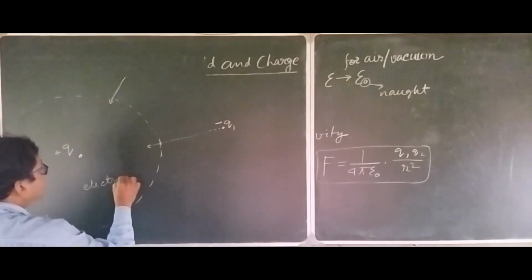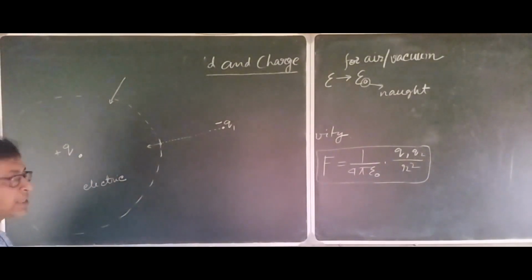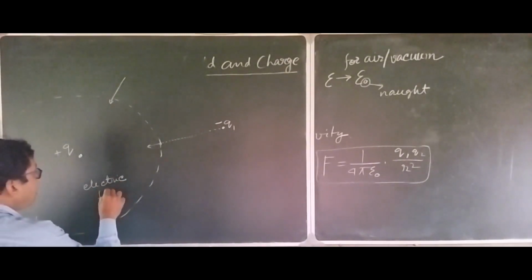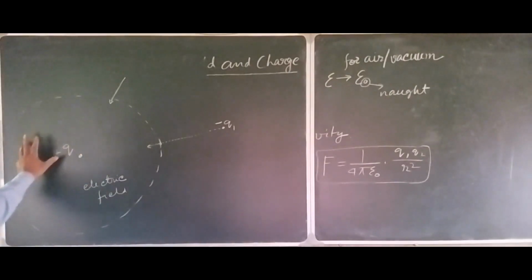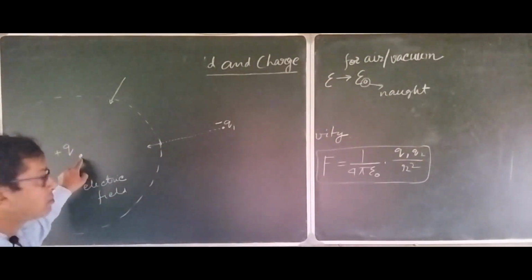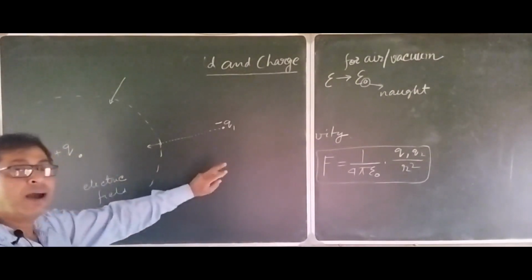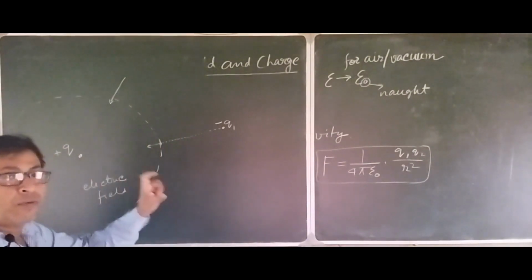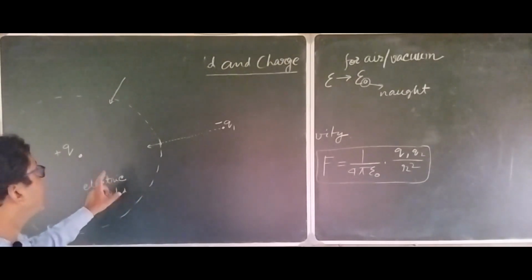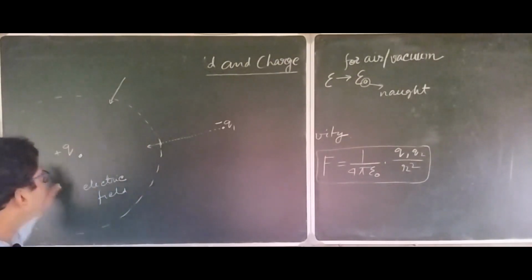The region, the three-dimensional space around any charge in which when a new charge is brought in feels the force of attraction or repulsion is called the electric field of the first charge.